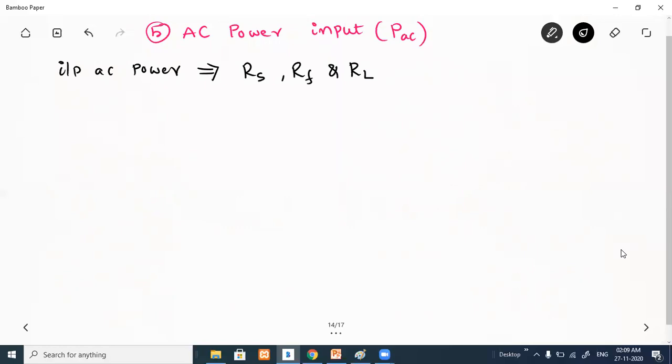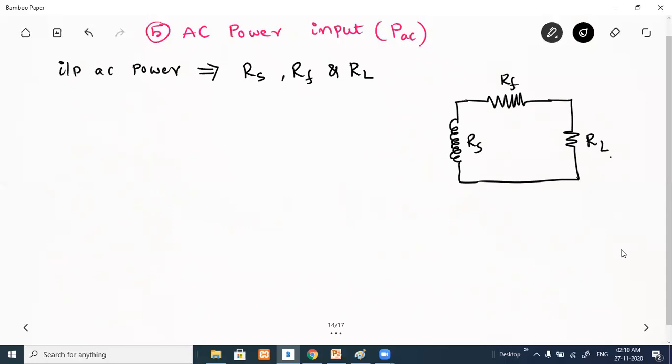Rs is the secondary winding resistance, Rf is the diode forward resistance, and RL is the load resistance. So if you draw the equivalent circuit of the secondary, it is the secondary winding, the internal resistance is Rs, diode forward resistance is Rf, and the load resistance RL.